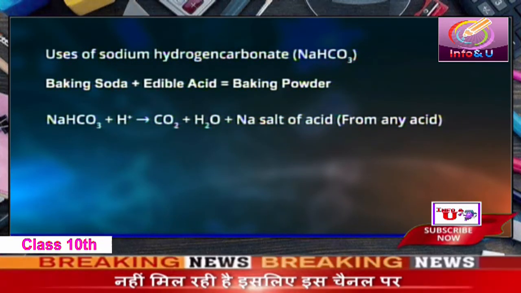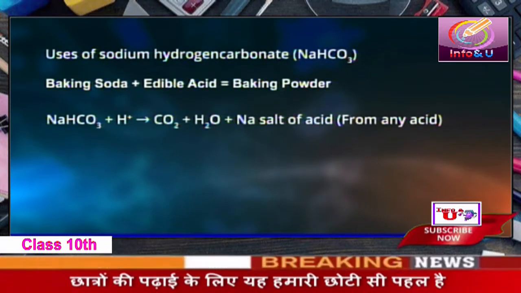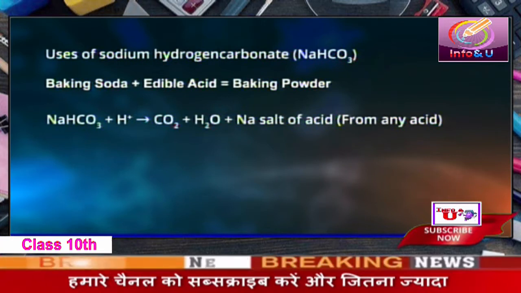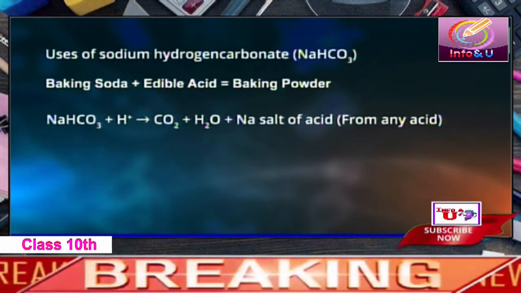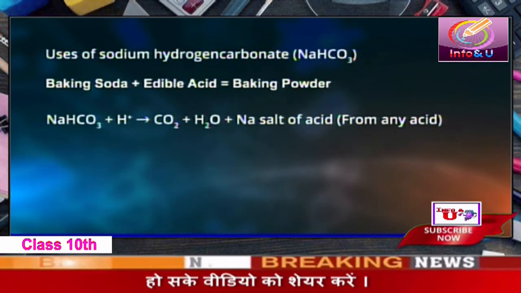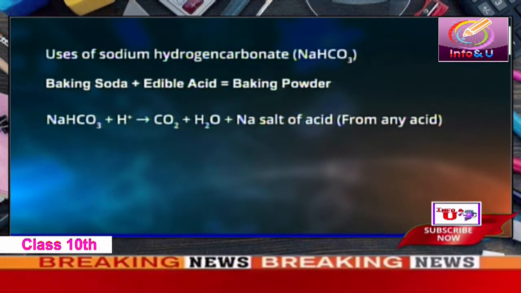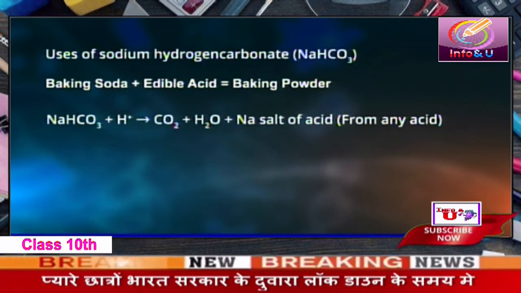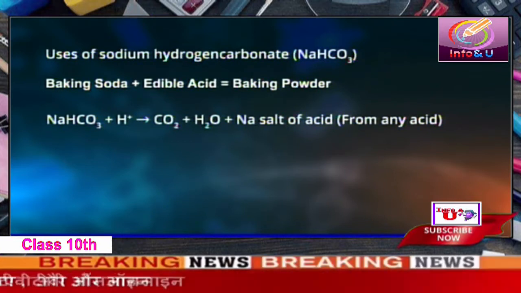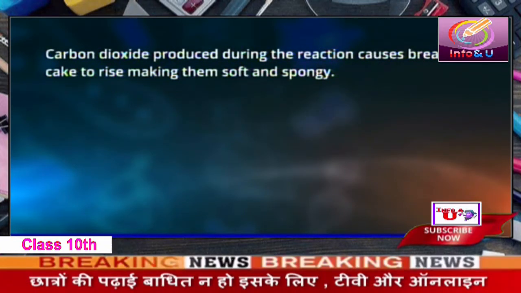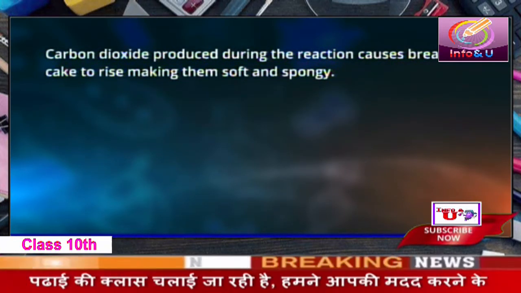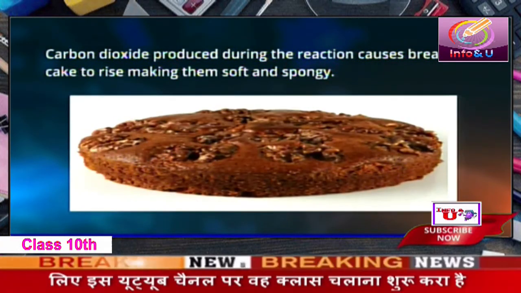And from where do I get these hydrogen ions? We just said, from any edible acid like tartaric acid or citric acid. When these two are mixed together, they will produce carbon dioxide, water and the sodium salt of the acid. And this carbon dioxide produced during the reaction causes the breads or cakes to rise and make them soft and spongy.